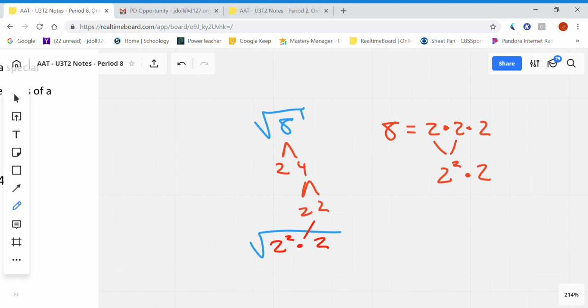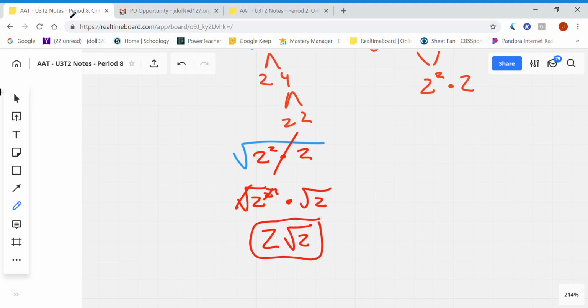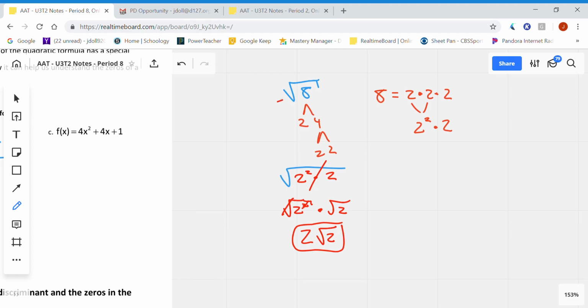Now, why does that matter? Well, again, remember we can split this radical term into 2 radical factors, and on one of them, the exponent of 2 cancels the radical, and so we end up with 2 square root of 2. So this is what I would expect you to do in simplifying the square root of 8 there.